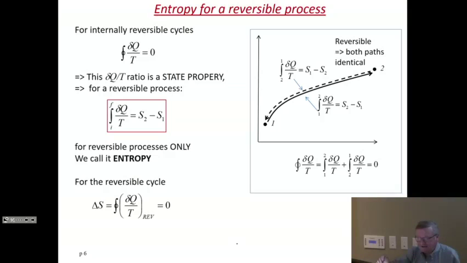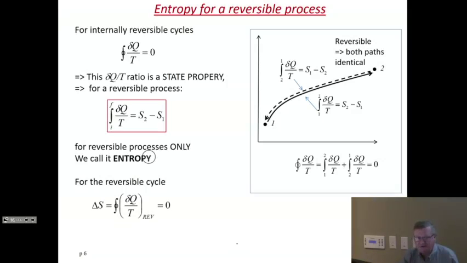So why exactly is that a state property? It is a state property only if you are in a reversible cycle, because then by necessity you have a state here and a state there and a state there and a state here, so that your integral has to be 0, and therefore the things are defined only at 1 and at 2.